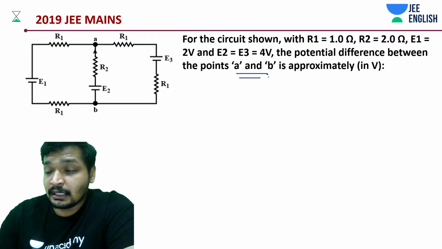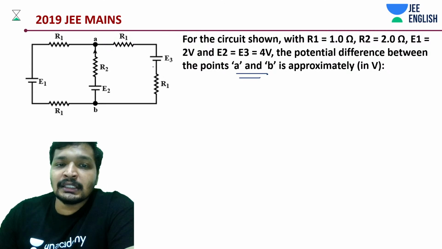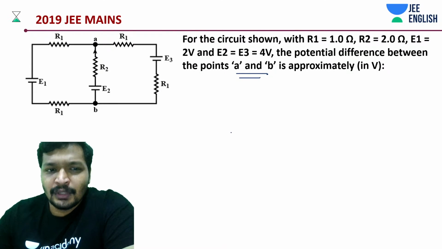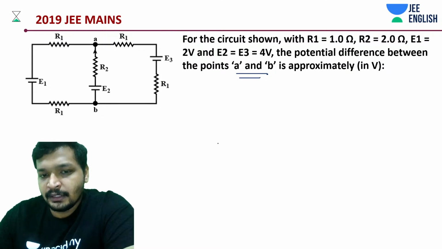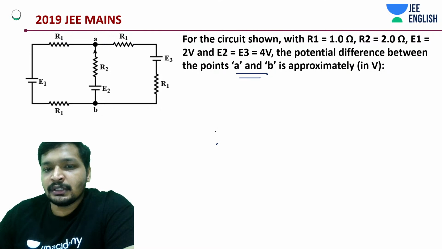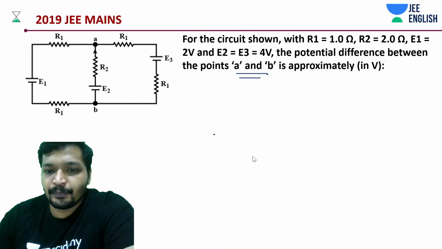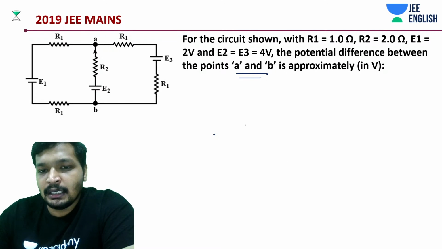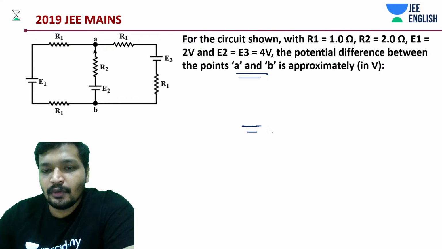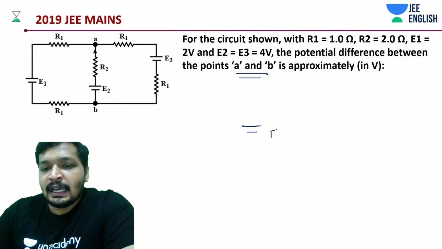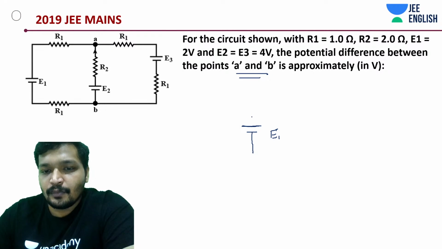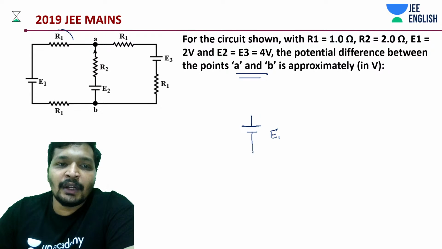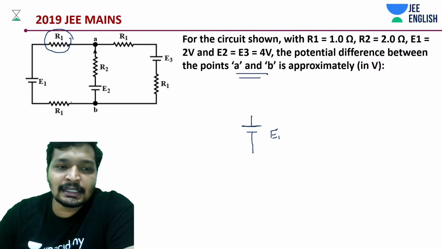When these things are asked, even it can be current, etc. So let's think about it in another way. Notice what I'm drawing and what is being done. Let's start with E1. This E1 has 2 resistances in series.